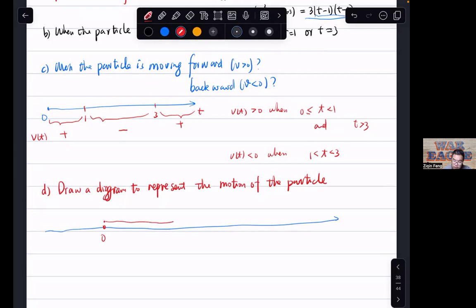So this is t equal to 1, but the position may not be at 1. If you plug in t equal to 1, you get s equal to 4.